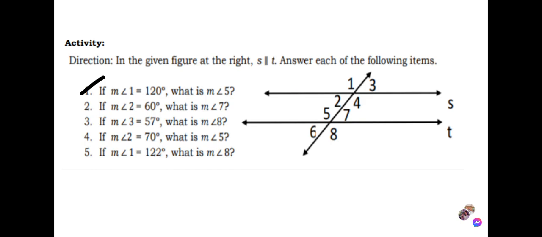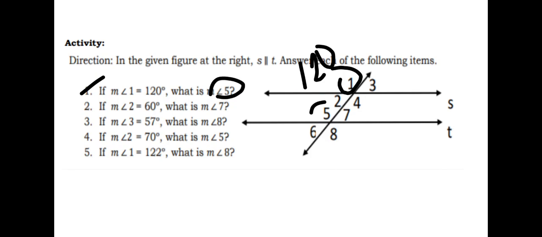So, number 1, if angle 1 is 120, this one, 120, what is angle 5? So, you can see that their relationship, they are corresponding angles, right? Therefore, they are congruent. So, if 1 is 120, therefore 5 is also 120. Okay, so that's easy, right?